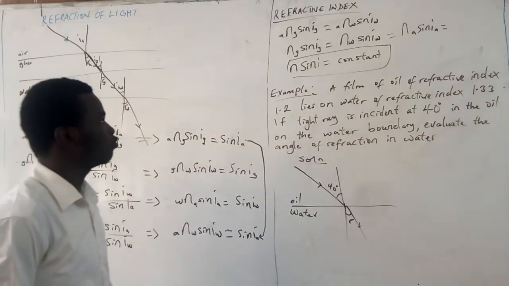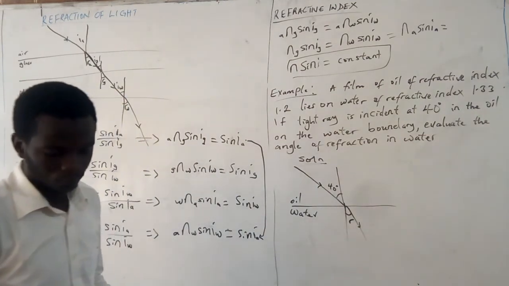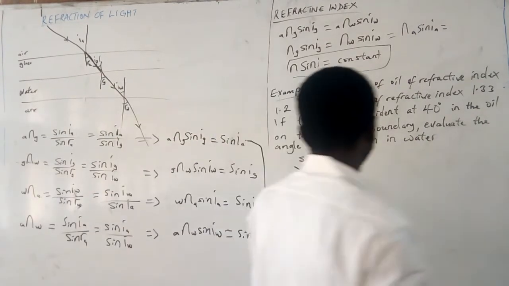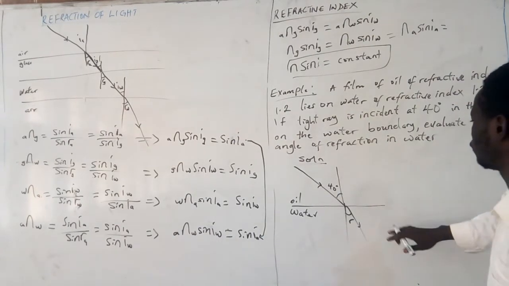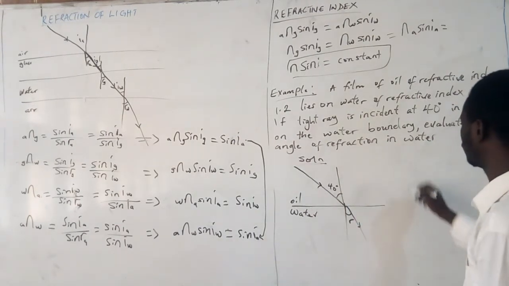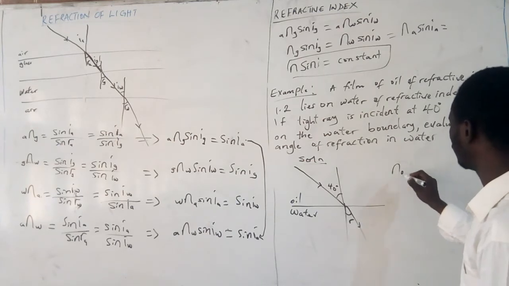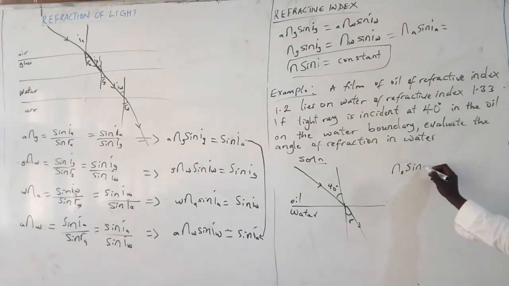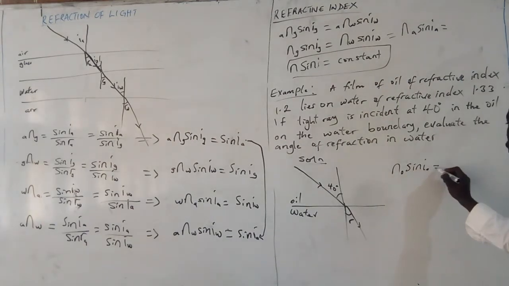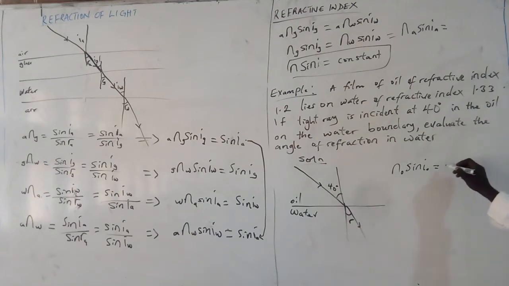So there are two ways of doing this. The first method is this. To use this, we said light is traveling from oil. So refractive index of oil, so I'm going to use O for oil, times sine of angle of incidence of oil is equal to the refractive index of the other medium, which is refractive index of water, times sine of angle of incidence of water.